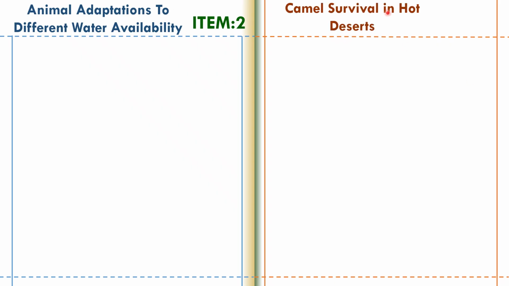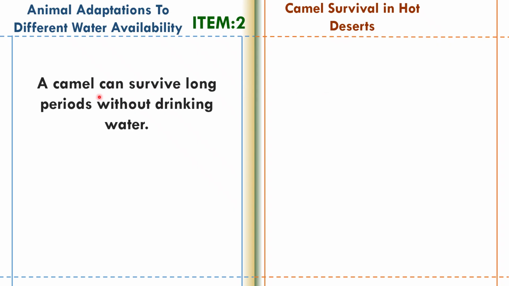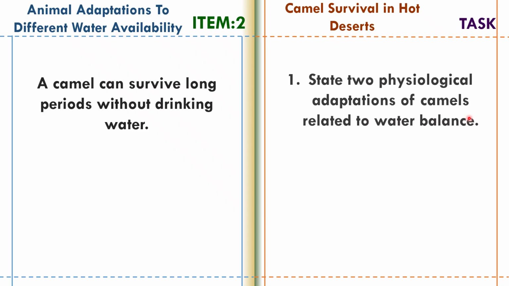Camel survival in hot deserts. A camel can survive long periods without drinking water. Task: state 2 physiological adaptations of camels related to water balance. Explain their significance.